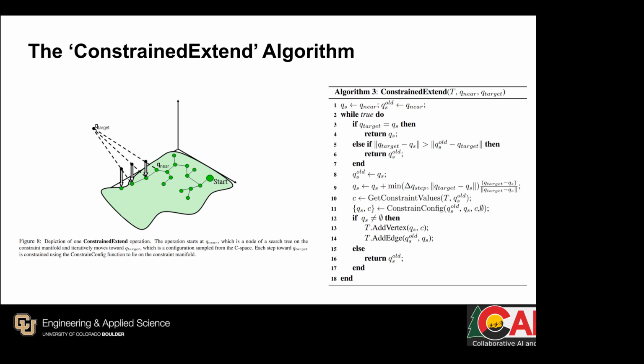The important point is that deeper into this constrained extend method, we have a function called ConstrainedConfig. That is essentially what produces this projection step right here.